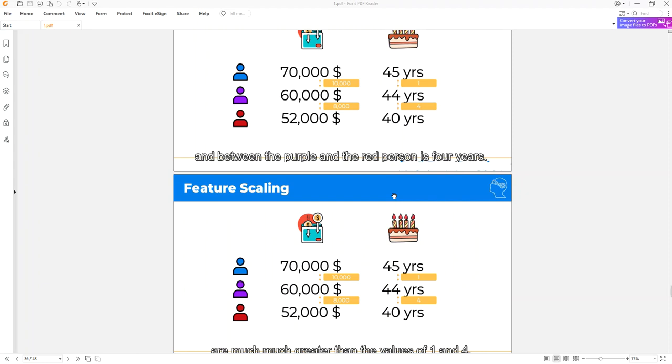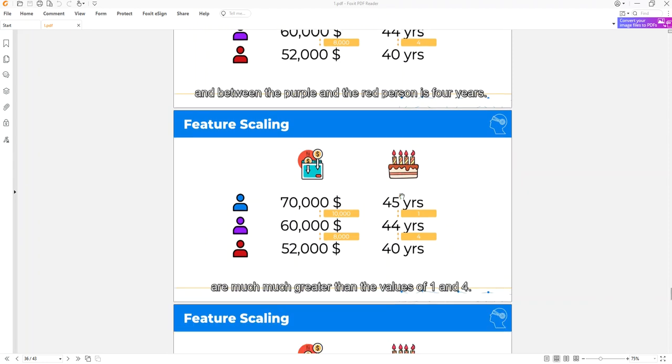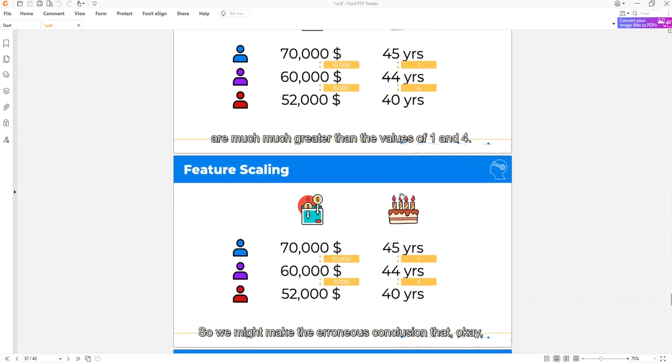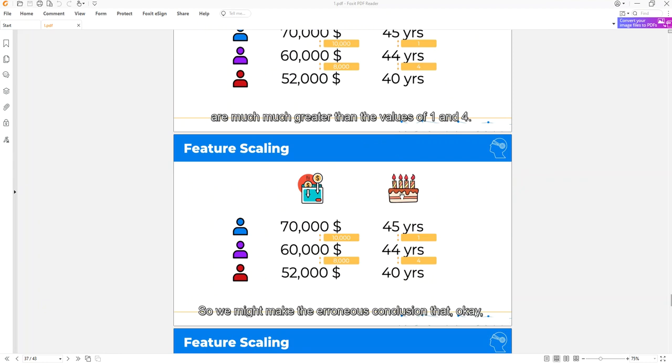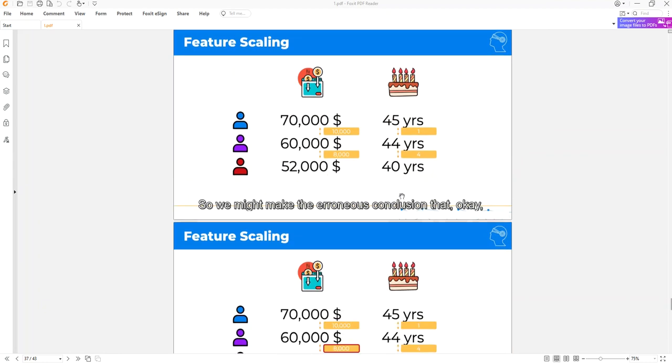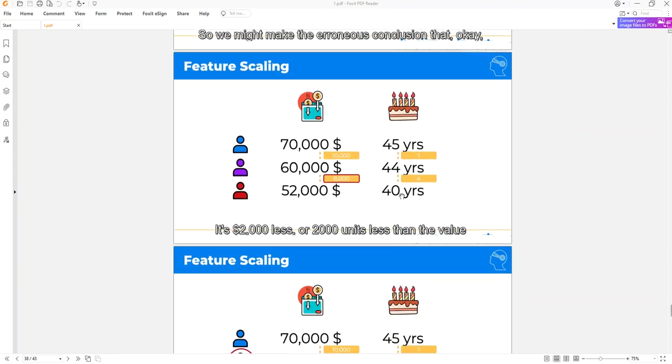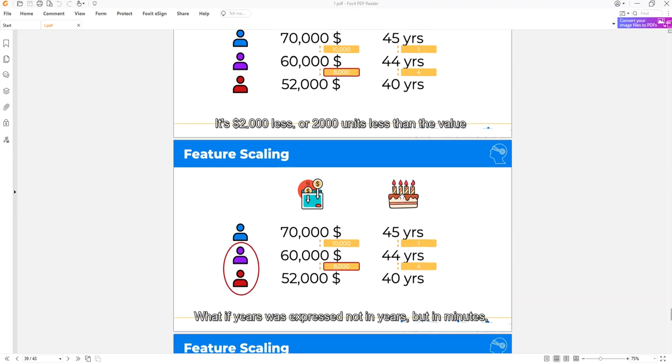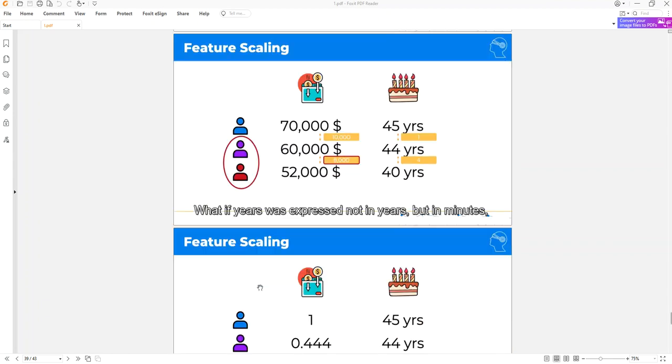So let's see how we'll tackle this problem. We might end up with an erroneous conclusion, which we don't want. We make a wrong judgment that the purple person is closer to the red person. But let's see how we can tackle this.